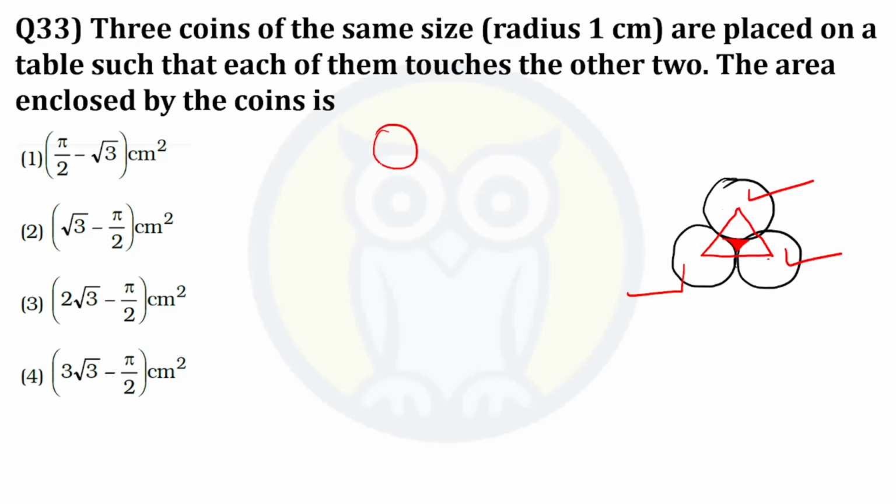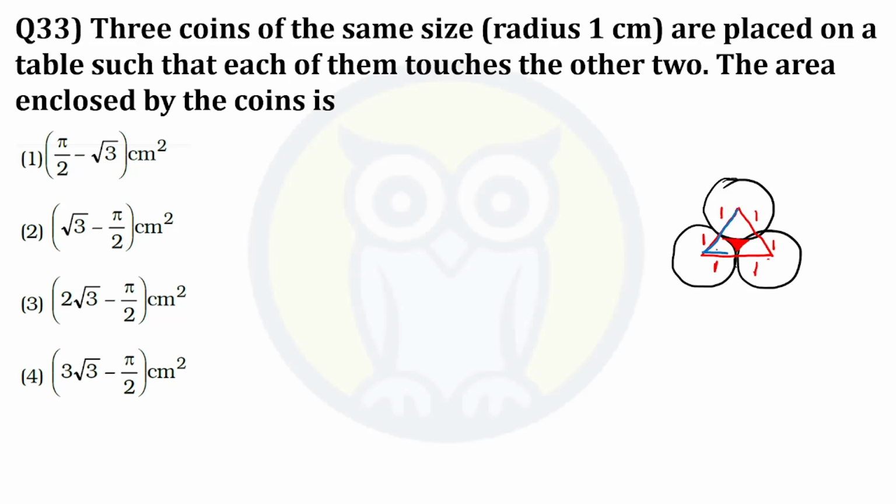Say this is a 1 rupee coin, this is a 2 rupee coin and this is a 10 rupee coin; when we join the centers we get an equilateral triangle, because the coins are the same size with the same radius. The radius is given as 1 centimeter, so each radius is 1. Now, this is the question you studied in class 9 and 10: find the enclosed area.